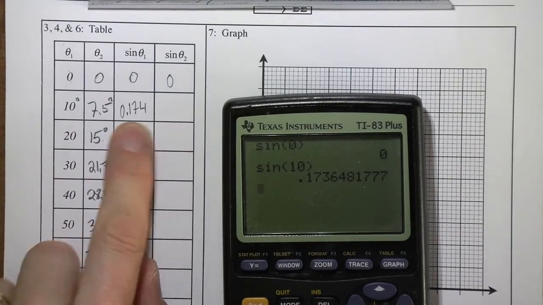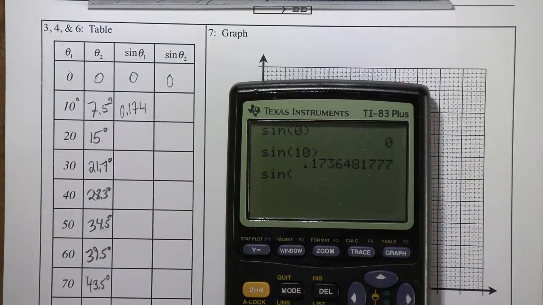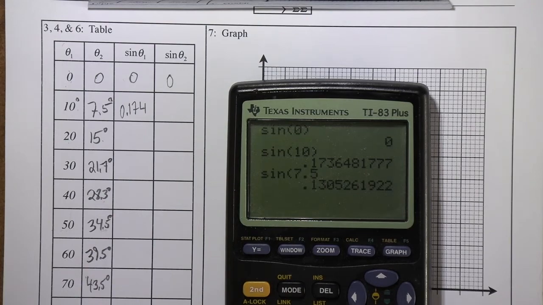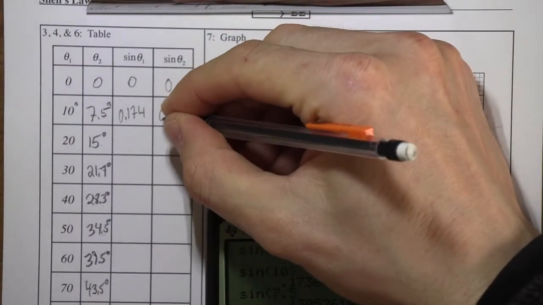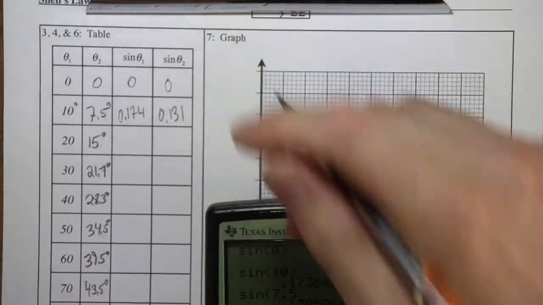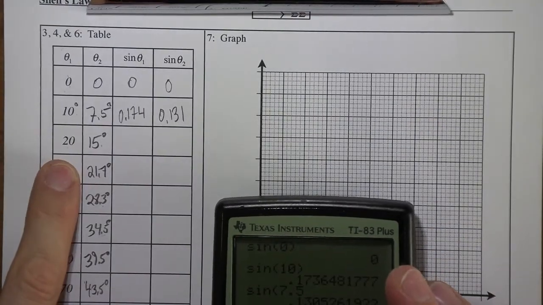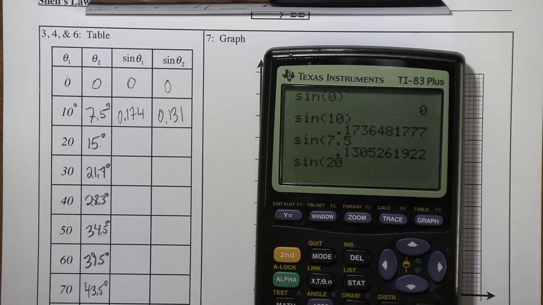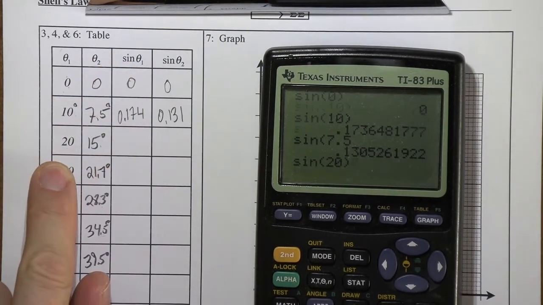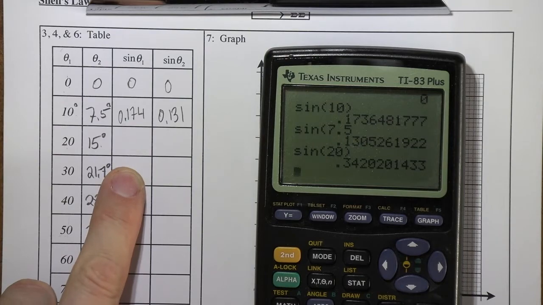And then I'm going to take the sine of 7.5, and I get 0.131. So I'll write that here. And next, I'm going to take the sine of 20 degrees. Sine 20, that's sine theta 1, and that gives me 0.342.